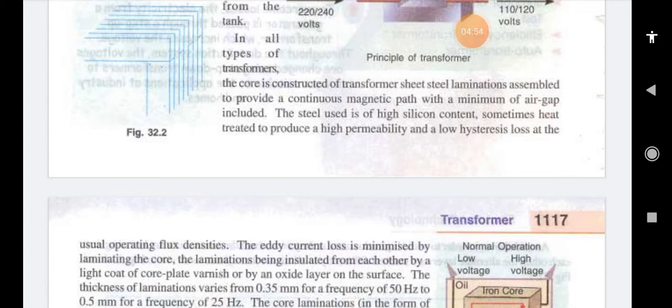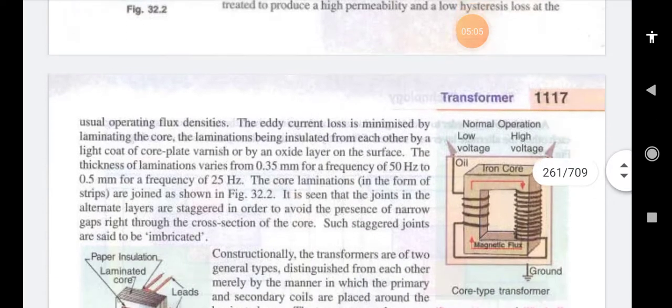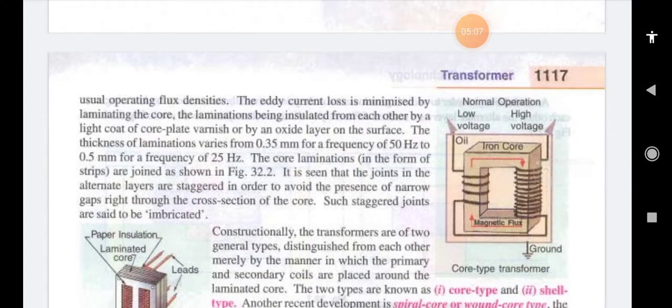The eddy current loss is minimized by laminating the core, the laminations being insulated from each other by a light coat of core plate varnish or by an oxide layer on the surface.